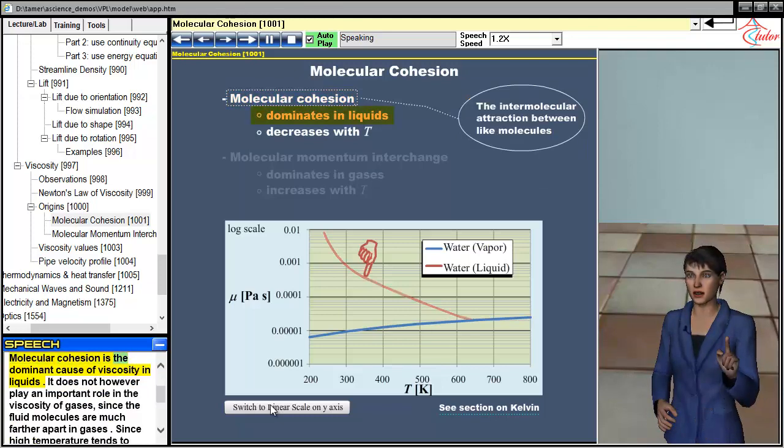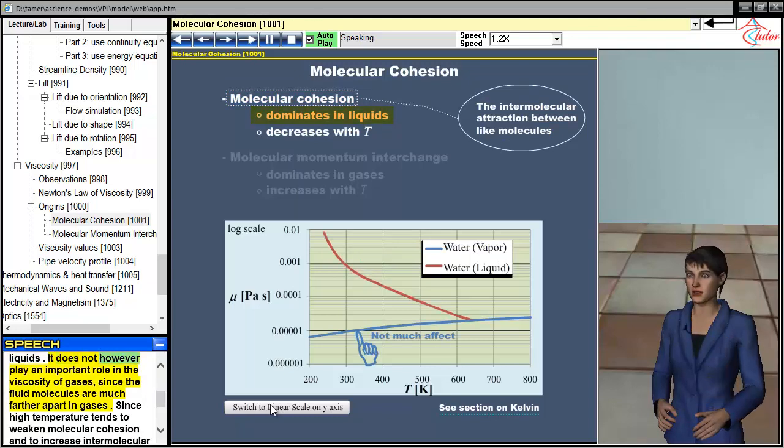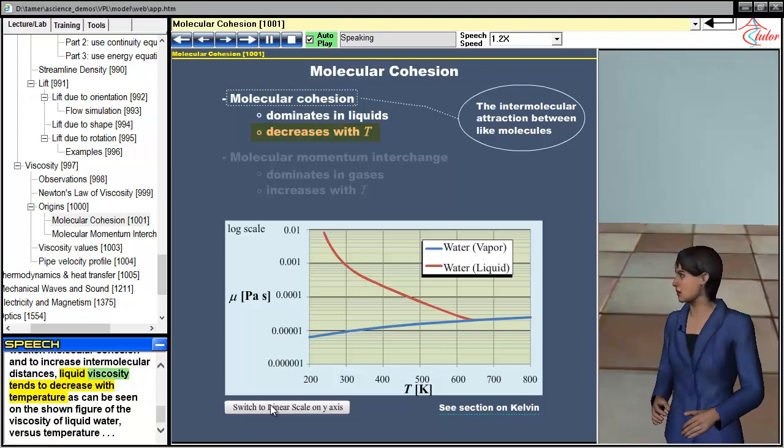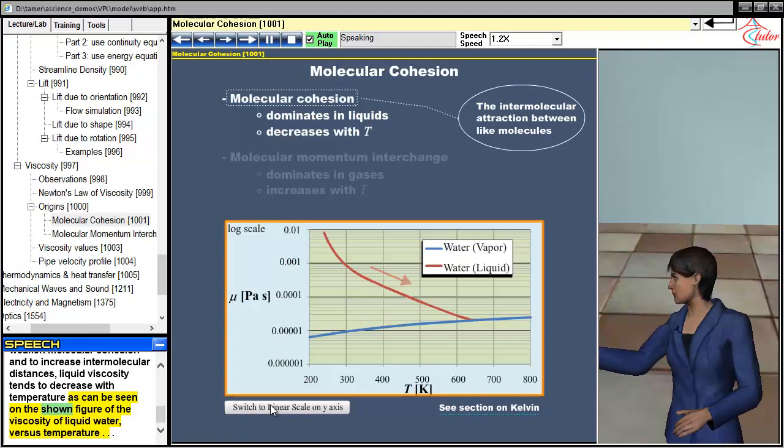Molecular cohesion is the dominant cause of viscosity in liquids. It does not, however, play an important role in the viscosity of gases, since the fluid molecules are much farther apart in gases. Since high temperature tends to weaken molecular cohesion and to increase intermolecular distances, liquid viscosity tends to decrease with temperature, as can be seen on the shown figure of the viscosity of liquid water versus temperature.